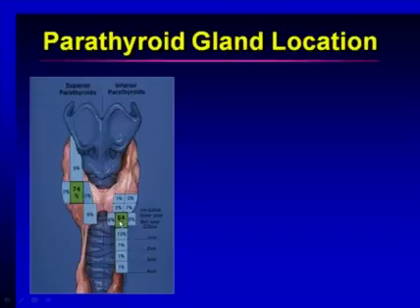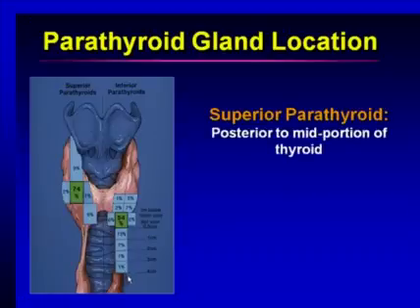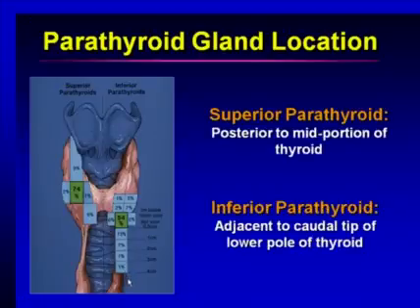The inferior glands are situated at the caudal tip of the lower pole of the thyroid, arrayed about that location or trailing off into the soft tissues of the low neck. So behind the mid portion of the thyroid is where we look for the superior gland, adjacent to the caudal tip for the inferior gland.